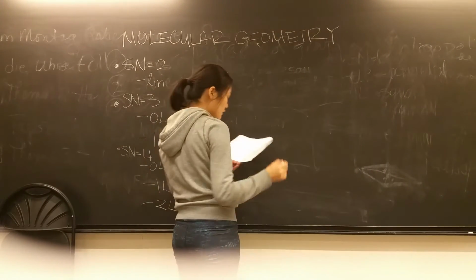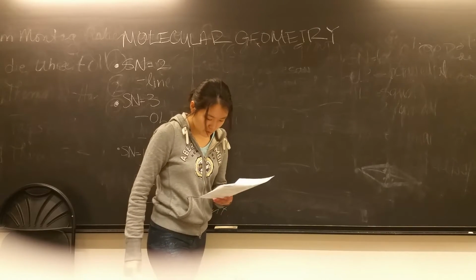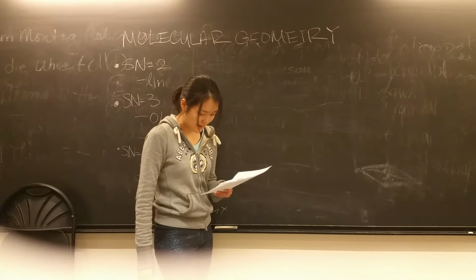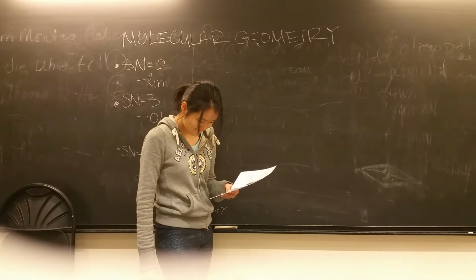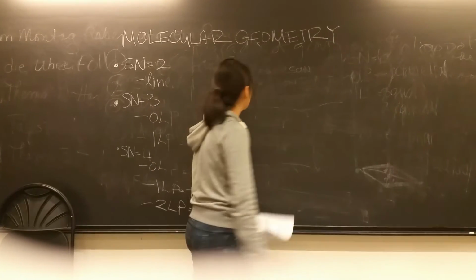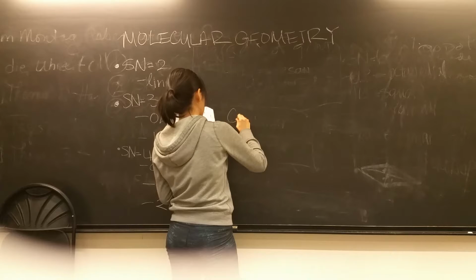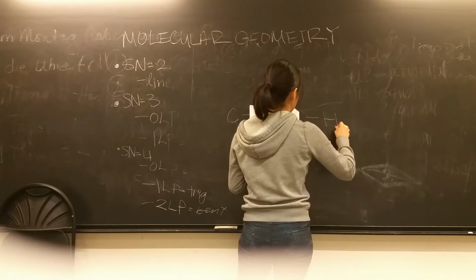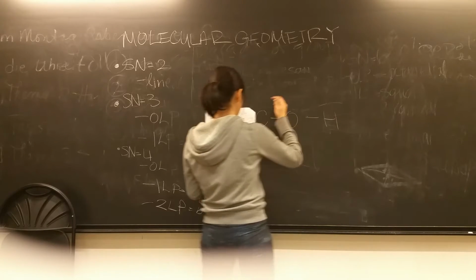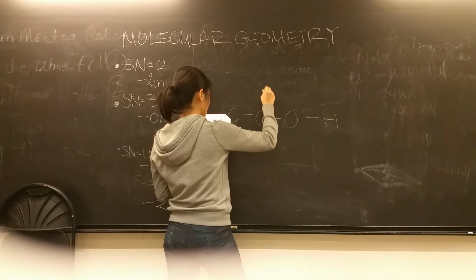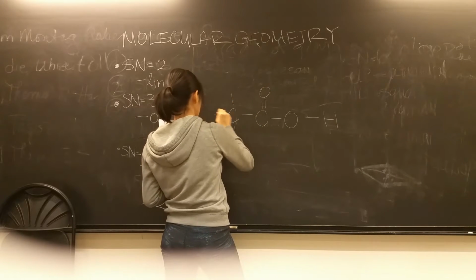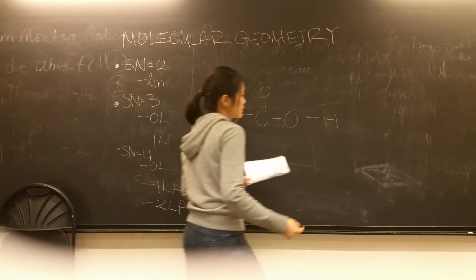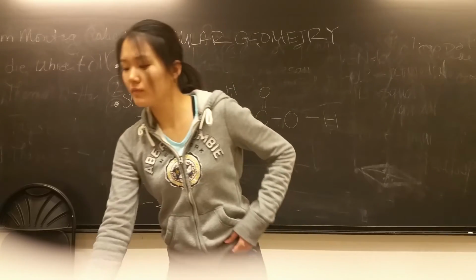So it says fill in the rest of the Lewis diagram and predict the bond angles around each of the 3 atoms designated with an arrow in ethanoic acid. Okay, cool. All right, so let's go. You have a backbone like this, and you're supposed to be able to predict the bond angles around each one.